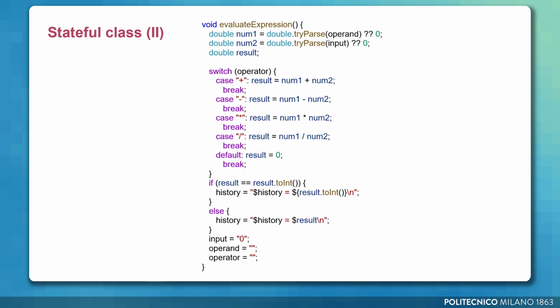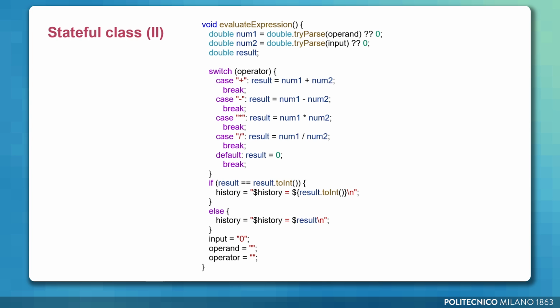The evaluate expression method carries out the 4 basic arithmetic operations. It begins by converting the operator and input strings into doubles, and the result is also stored as a double to handle division accurately.